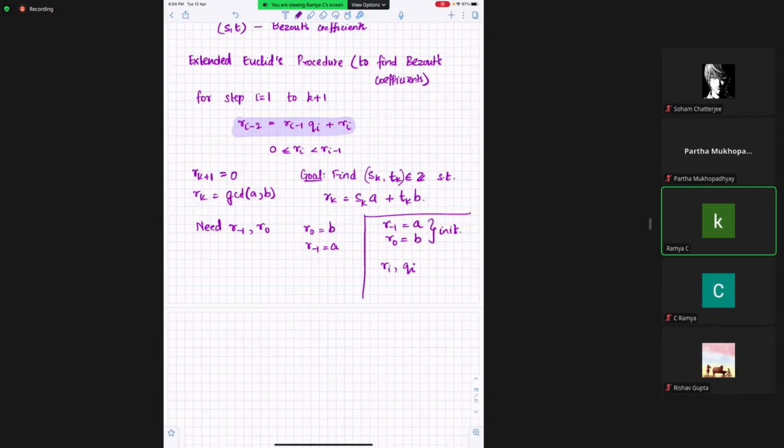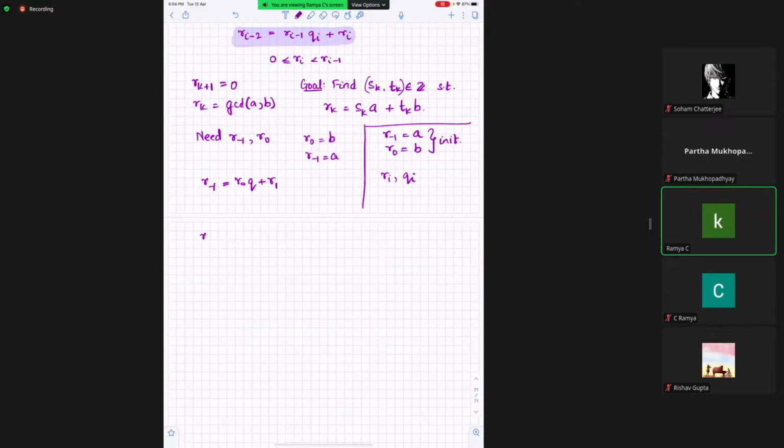Okay. So what do we have after this initialization here? We have that R minus 1 is R0 Q plus R1. We wrote Ri as a linear combination of these two things, just by changing the other side of the equation.